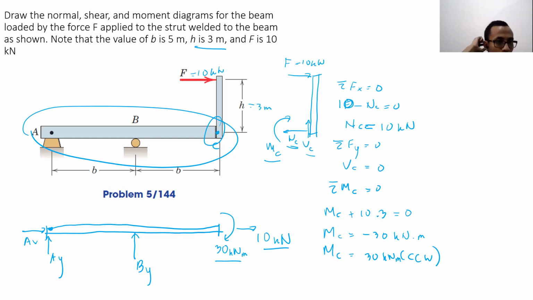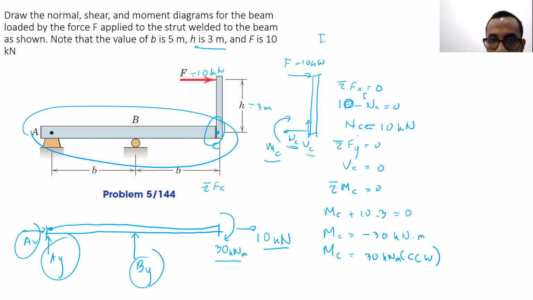The next thing that we're supposed to do is to determine the values of By, Ay, Ax using sigma Fx. This one is the first free body diagram, right? Sigma Fx2 equal to 0. This one is the second free body diagram. Sigma Fy2 equal to 0, and sigma moment 2 equal to 0.